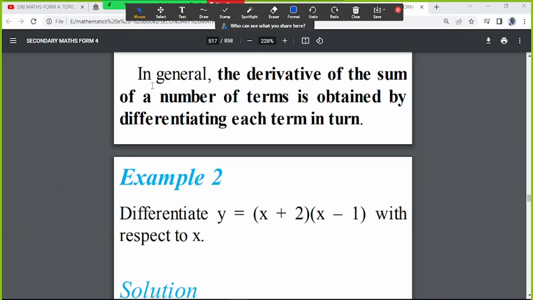Now, we have been working on expressions that are ready for differentiation. But it is not all expressions that are always ready for differentiation.